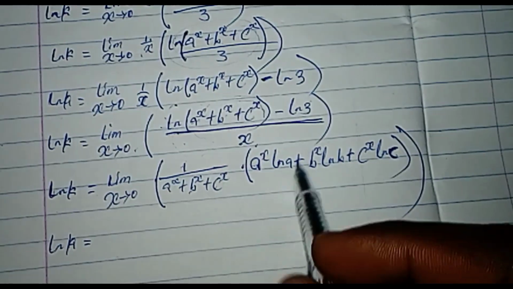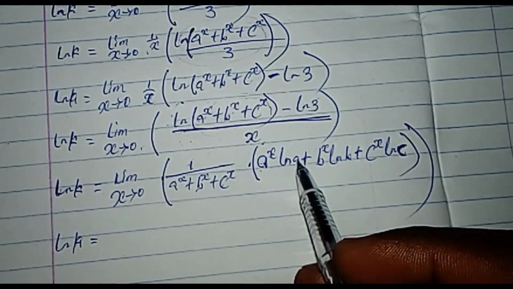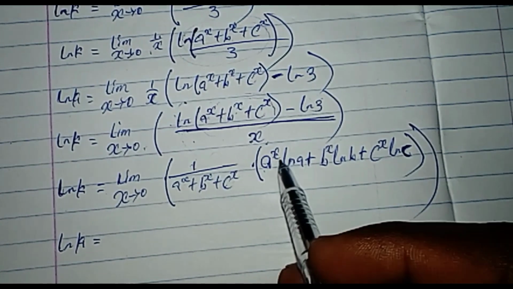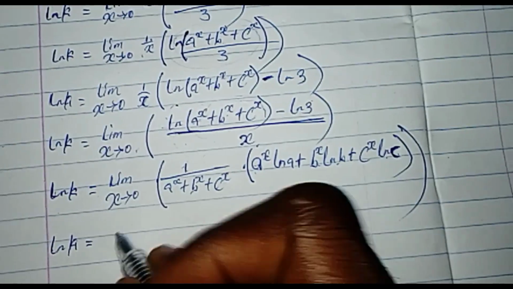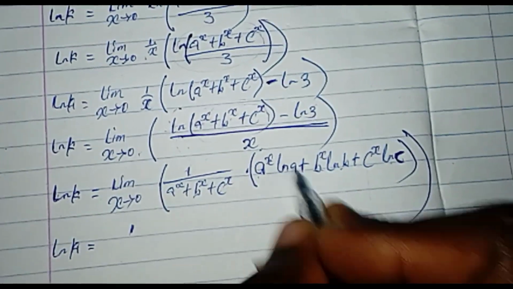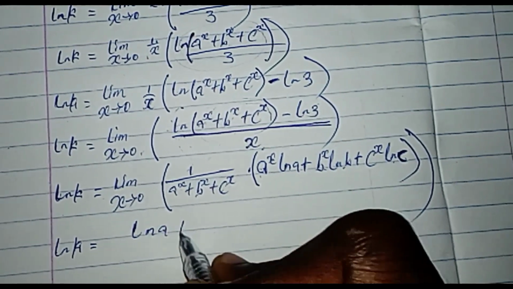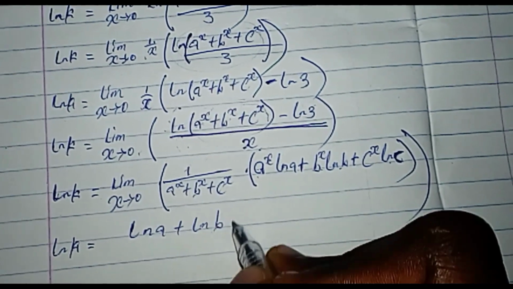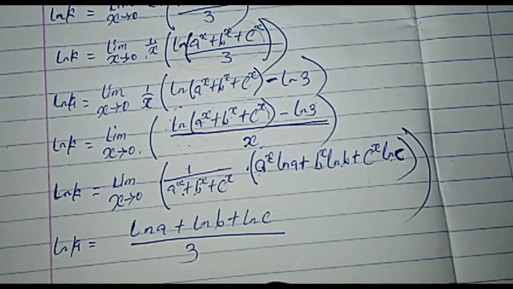So we have 1 over 3 multiplied by a to the 0, which is 1, multiplied by ln a, that is just ln a. This as well is just ln b, and this is just ln c. So we have ln a plus ln b plus ln c over 3. So this is our ln k.